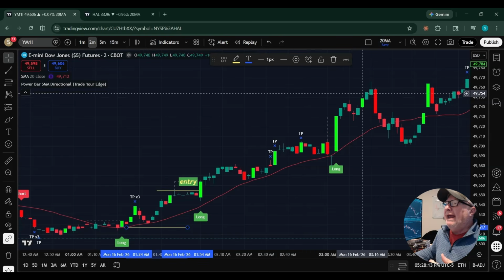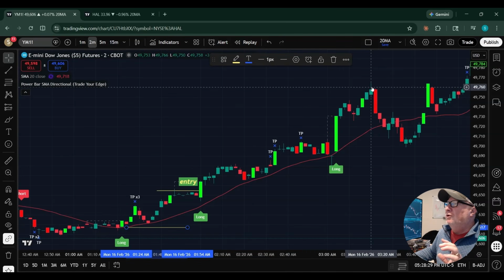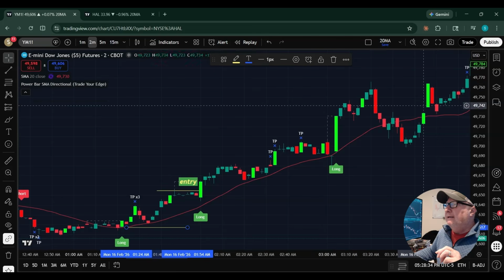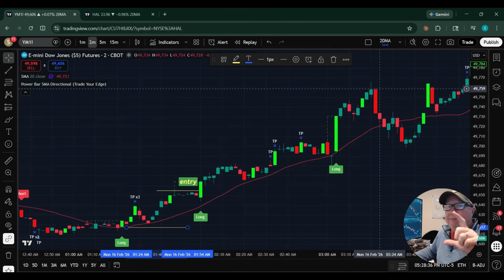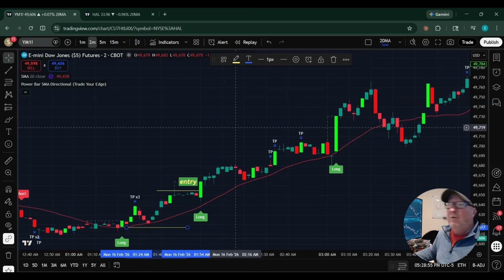If it's away from it, I'm not looking for a trade here. I'm not looking for this short originating here away from the line because it's stretched. And I know I'm going to get that snapback, but I don't need extra indicators to tell me any of this. One line gives you the answer.